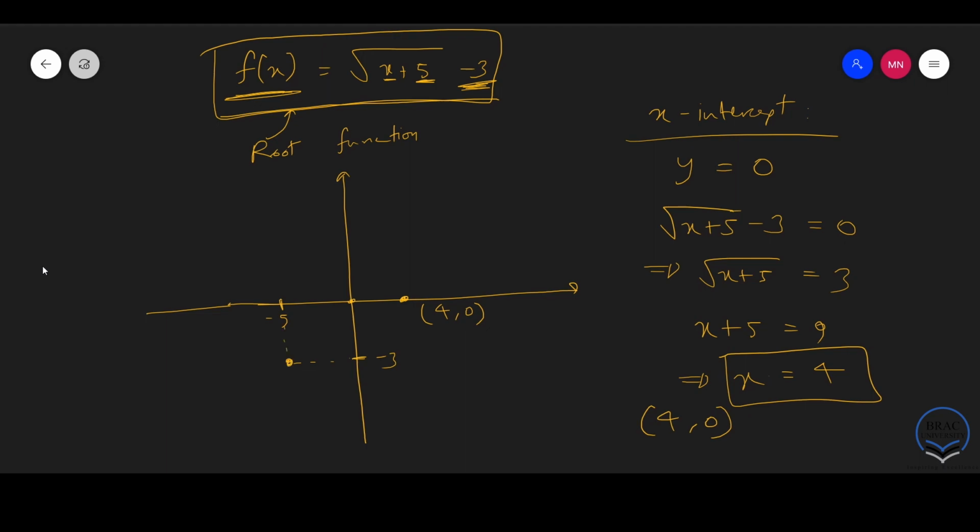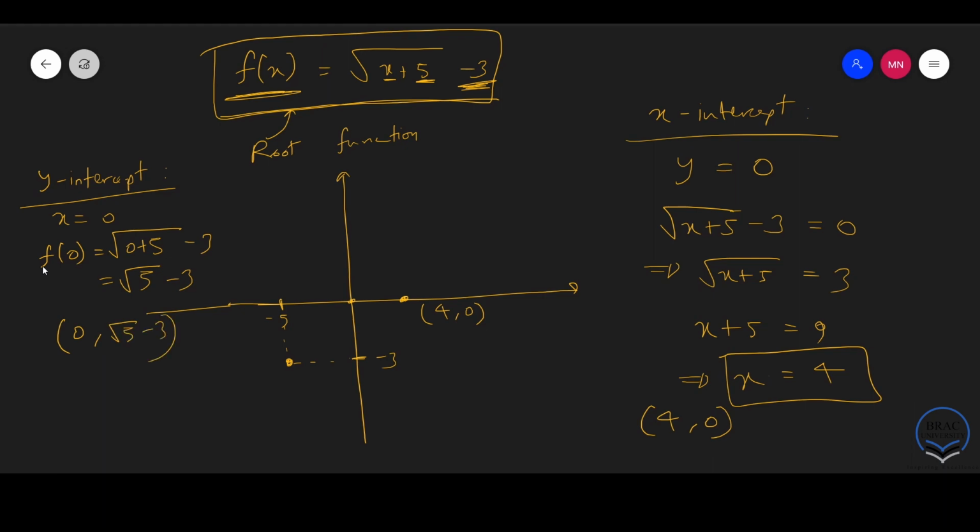Right, so now let's find the y-intercept. So to find the y-intercept, we set x to be equal to 0. So when x is equal to 0, we have f of 0 equal to the square root of 0 plus 5 minus 3. That gives us square root of 5 minus 3. Right, so our y-intercept will be 0 comma square root of 5 minus 3.